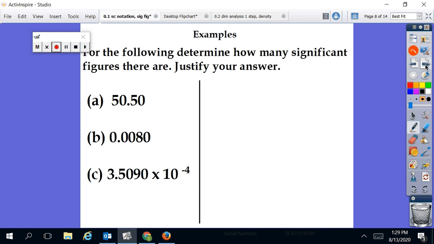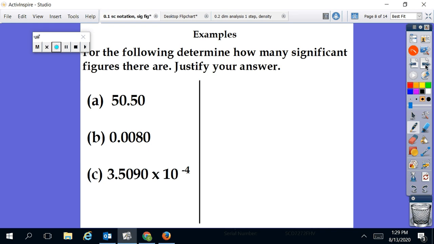Okay, why don't you pause the video and see if you can figure it out on your own. Okay. So A, let's figure out how many significant figures there are, and then we got to justify which rule it tells. Well, 50.50, we already know fives are non-zeros, so they're significant.